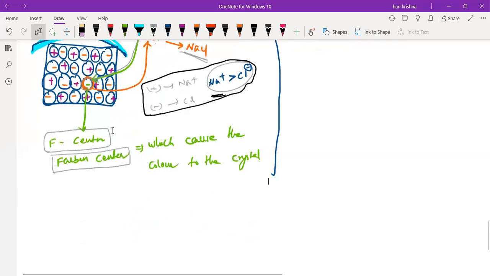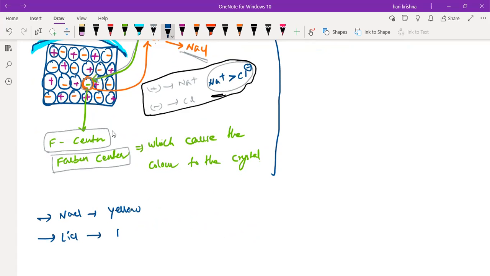If you take the NaCl crystal itself, the colors are very important from the board point of view and for the exam point of view. Due to the F center, NaCl will cause the yellow color. The LiCl crystal will cause the pink color, and the KCl crystal will cause the violet color.